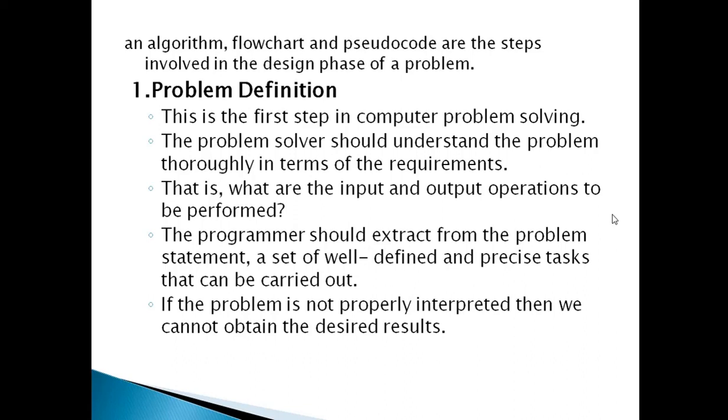The person who is going to design or solve the problem has a thorough knowledge of the problem. What is the problem? That should be known to the solver, or we call him a programmer.